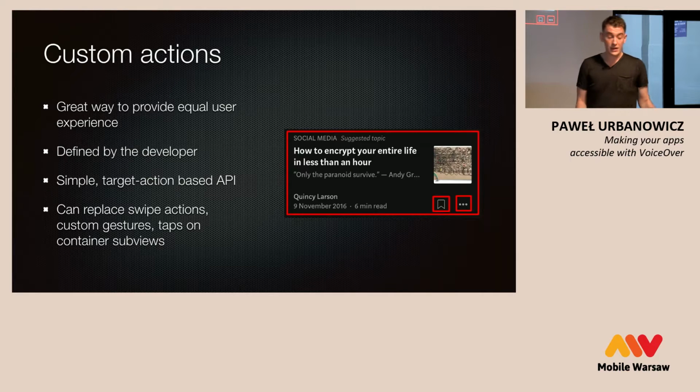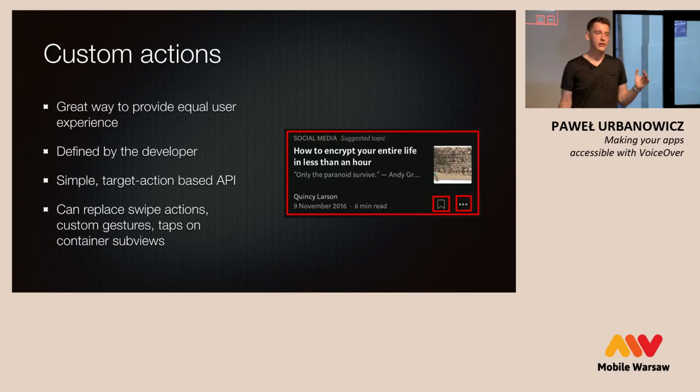In case of tweeting, we still want to be able to like this tweet or retweet it or share it, but we don't want to go through these actions one by one by flicking if we want to navigate quickly. And you can use custom actions for that. So custom actions are for defining your behavior, which actually is changed by VoiceOver.